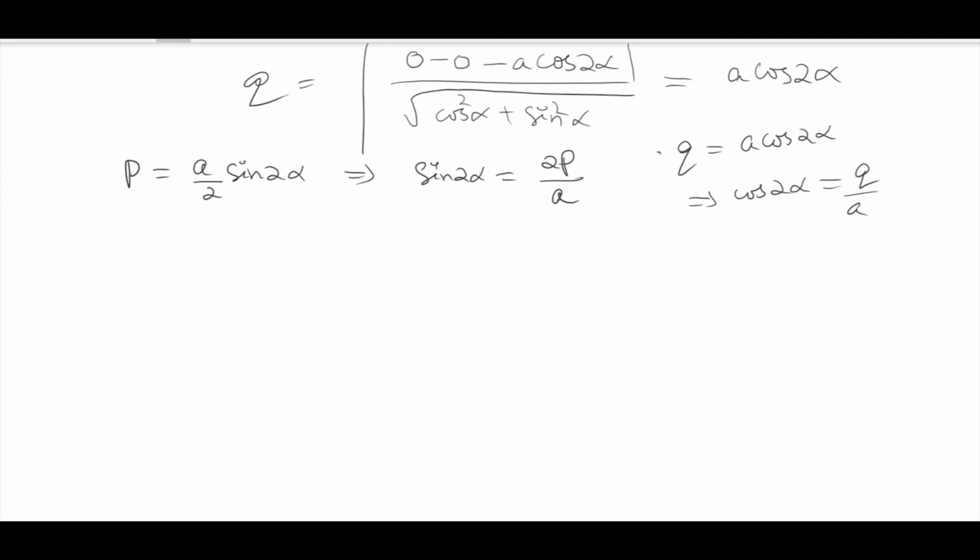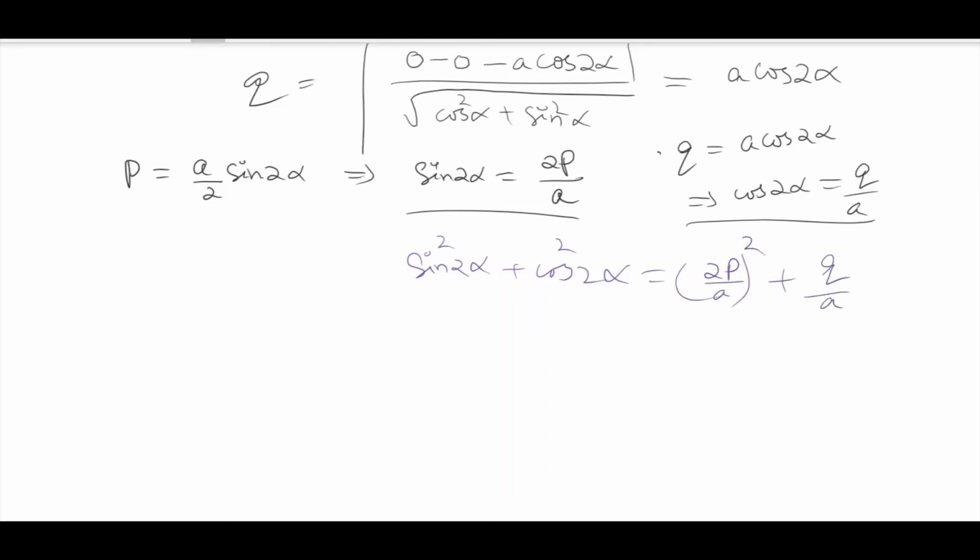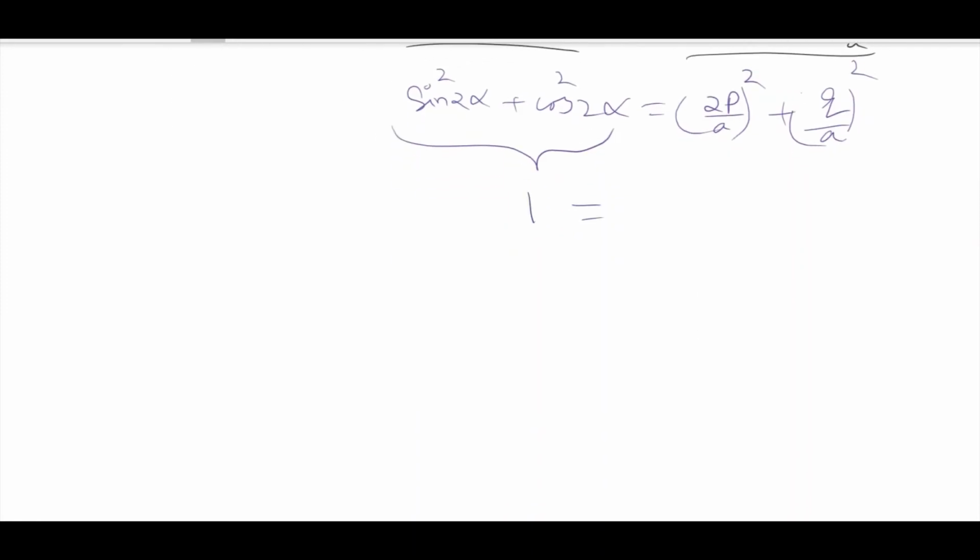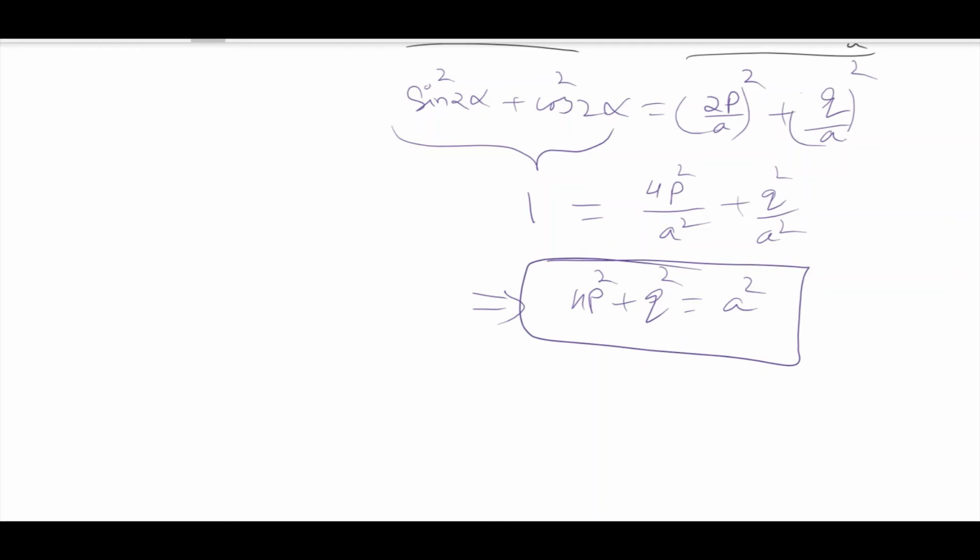Squaring and adding these two equations, sin square 2 alpha plus cos square 2 alpha equals (2p by a) whole square plus (q by a) whole square. So sin square 2 alpha plus cos square 2 alpha equals 1. That equals 4p square by a square plus q square by a square. That implies 4p square plus q square equals a square. So this is the required condition to prove, 4p square plus q square equals a square.